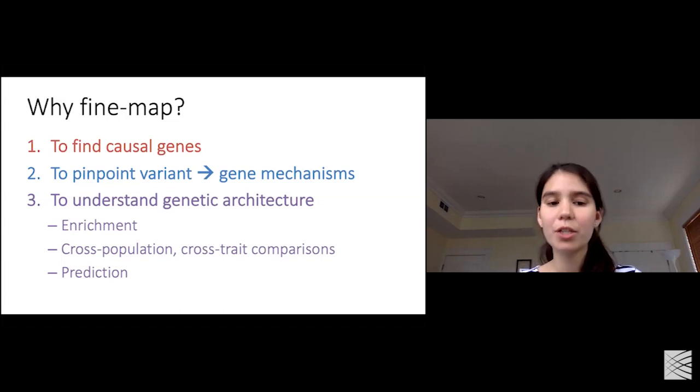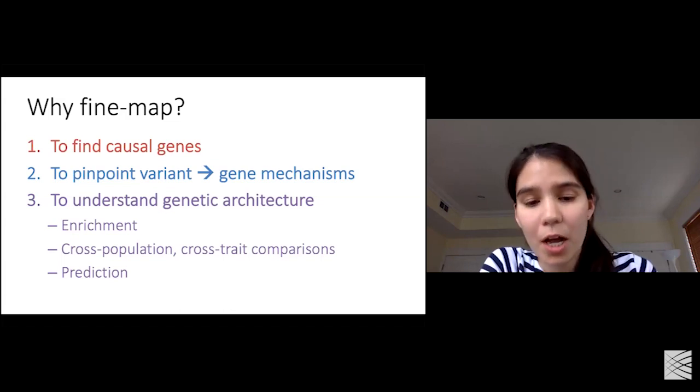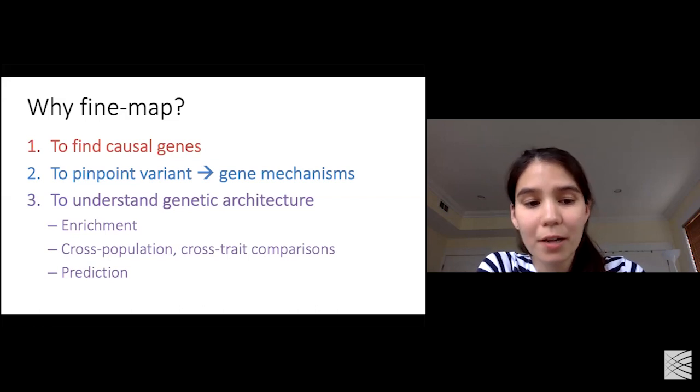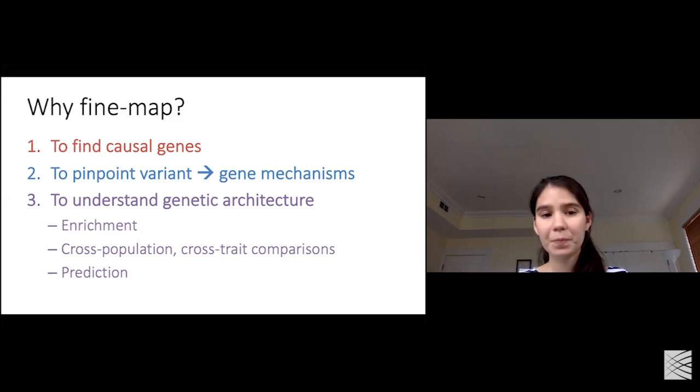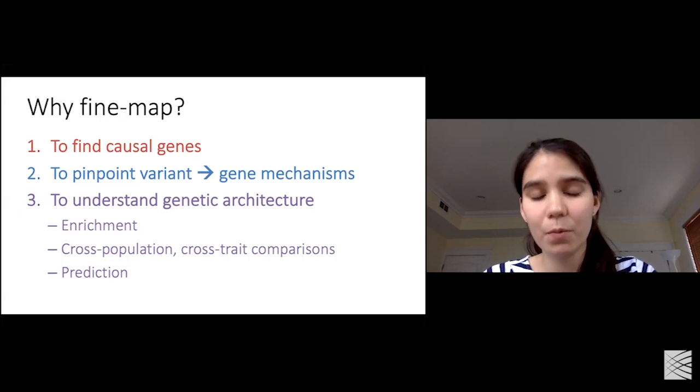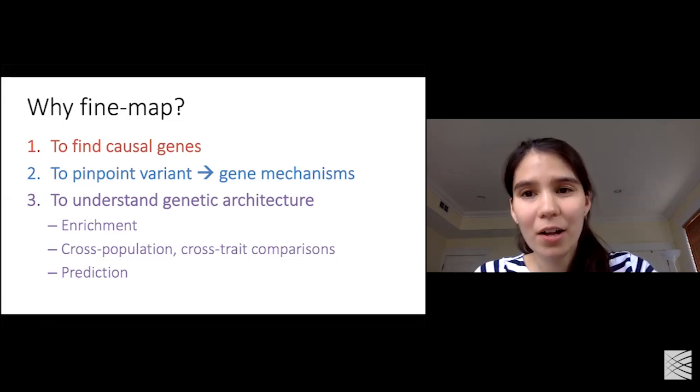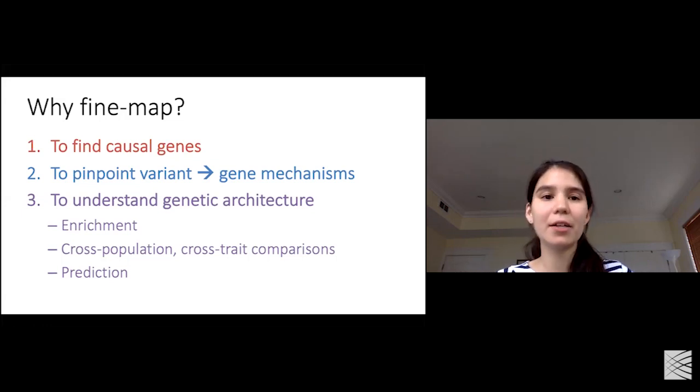Moving from association to fine mapping can also enable cross-population and cross-trait comparisons, and has the potential to be particularly useful in prediction. There are a lot of things that we're trying to do that become easier once we have some model that lets us get not just association, but rather make some inference about causal structure.